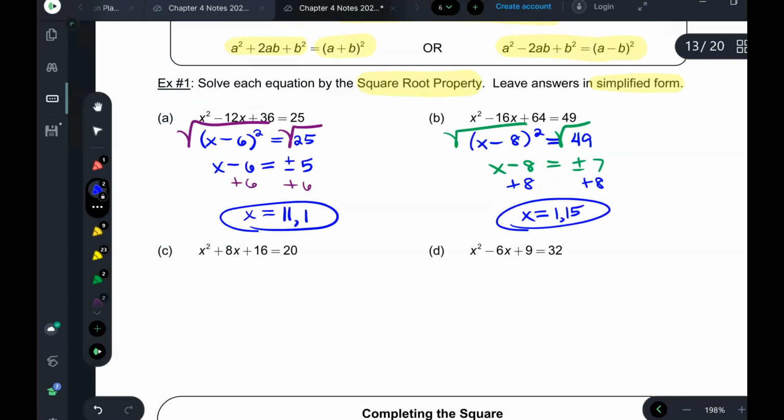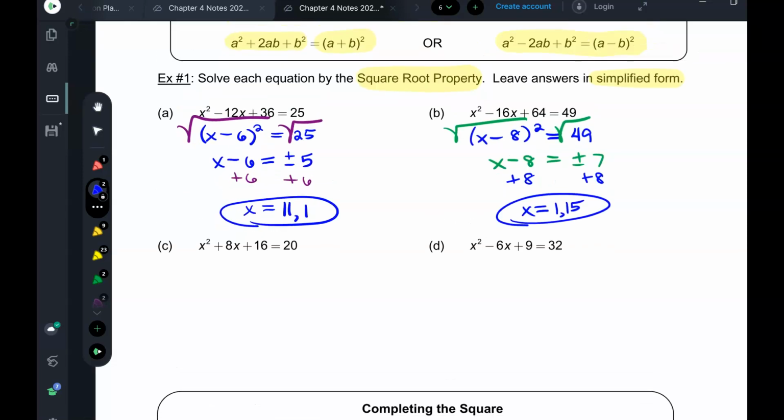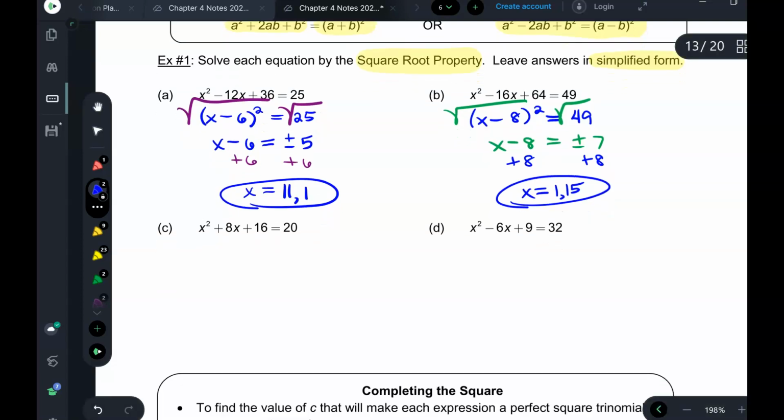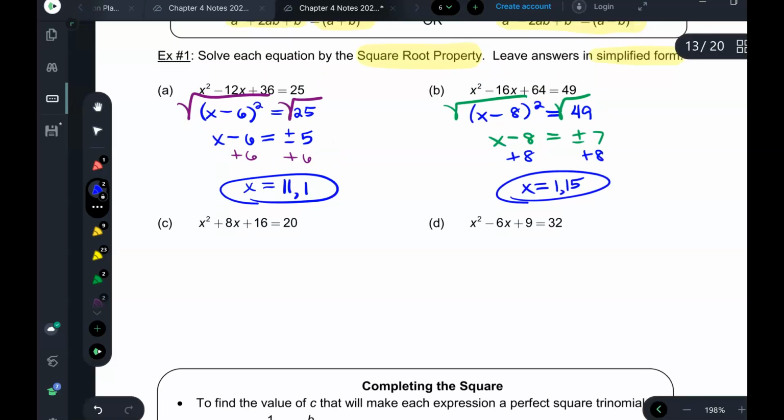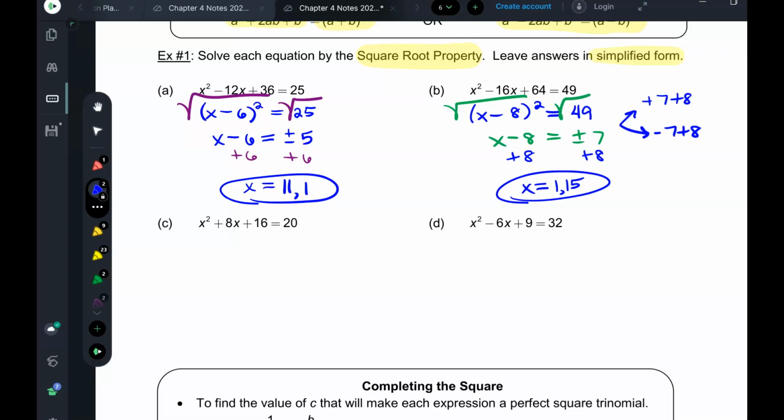Wait, 7 minus 8 is negative 1. So it's positive 7 plus 8 or negative 7 plus 8. So if you want to write it out separate, positive 7 plus 8 is 15, or negative 7 plus 8. Because it's the plus or minus 7, but you're adding 8 to both sides.